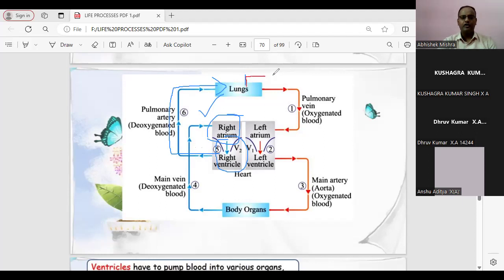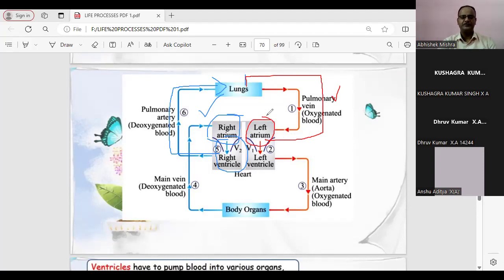I'm showing oxygenated by red color, deoxygenated I've shown by blue color. From the lung, the oxygenated blood through the pulmonary vein enters into the left atrium.